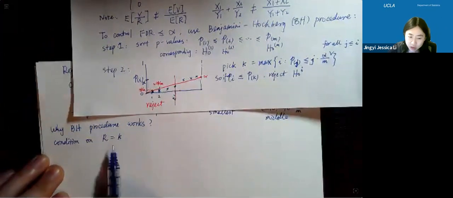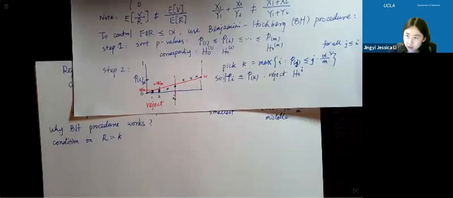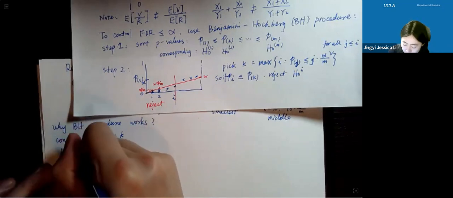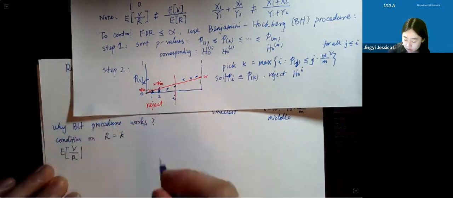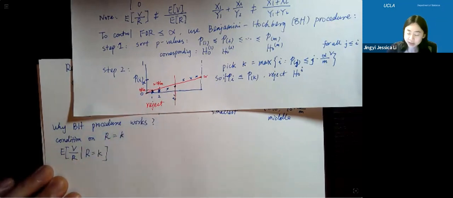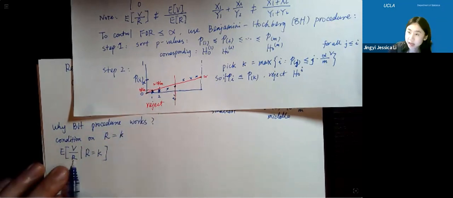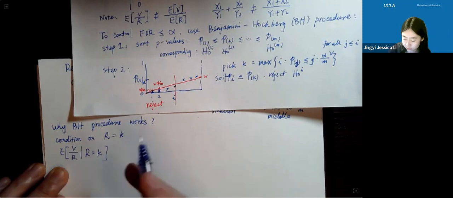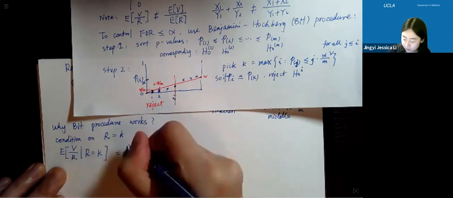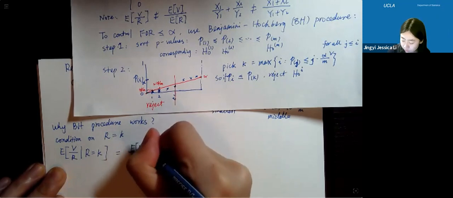Conditioning on this is a common technique we use to deal with expectation. Then the conditional expectation of V divided by R given R equals k is much easier to analyze, because now the denominator is no longer random but fixed, and we're only considering the randomness in the numerator. So I can take the k out, and I'm left with the expectation of V.